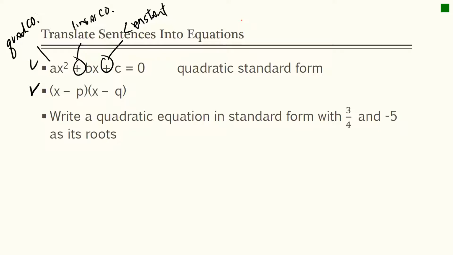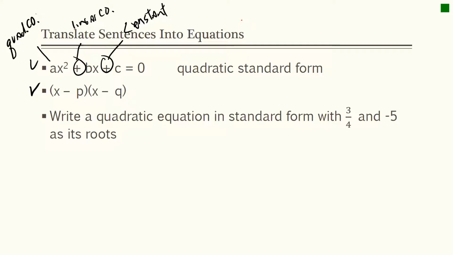And we can take that by using the FOIL method and translate a sentence into a quadratic equation, and that quadratic equation being in standard form. So let's take a look at what we got here. We're being asked to write a quadratic equation in standard form with 3/4 and -5 as its roots.